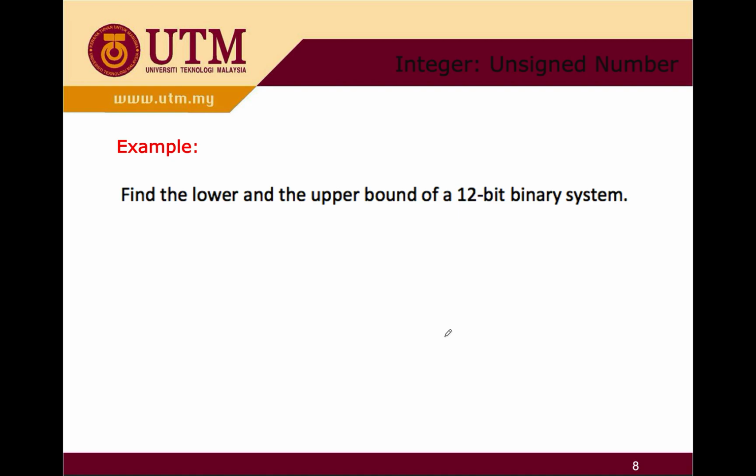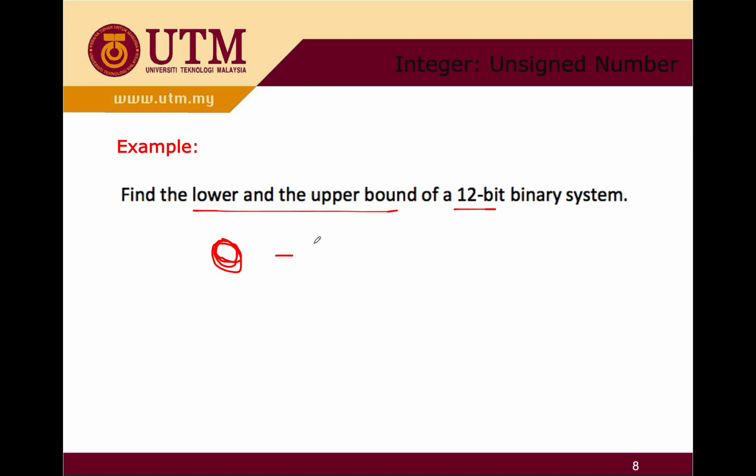Example. Find the lower and the upper bound. I already told you there is a question like this about lower and upper bound. This is the minimum and also maximum, and we can say also the range of 12 bits. It's quite easy because there is just one small thing you need to remember, which is the equation 2 to the power of n minus 1.